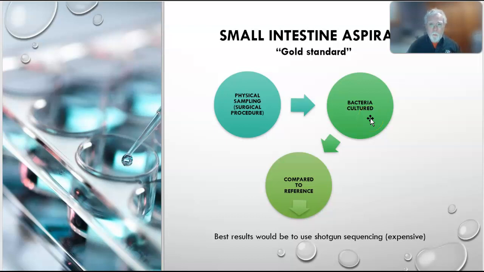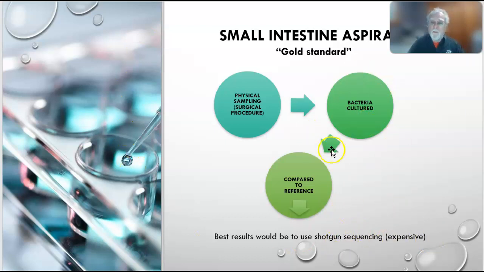It only reports on the culturable bacteria, and many of the bacteria which we know can produce hydrogen sulfide, methane, etc., are not culturable, which means you may find nothing which appears wrong, but you actually have a problem. So the best result would be taking your sample and putting it through shotgun sequencing, which is expensive.